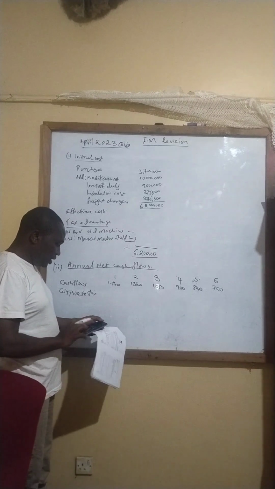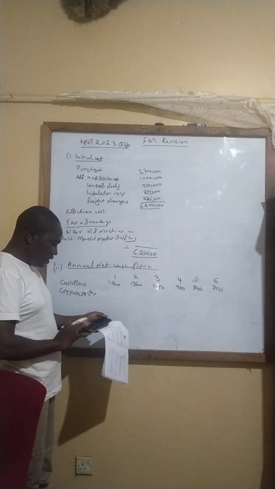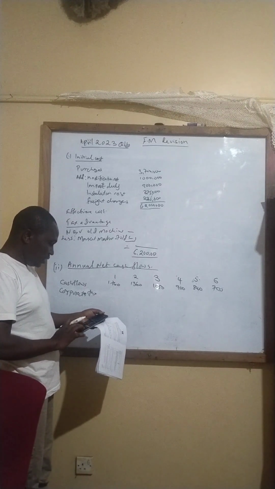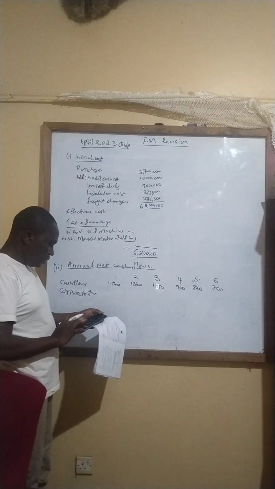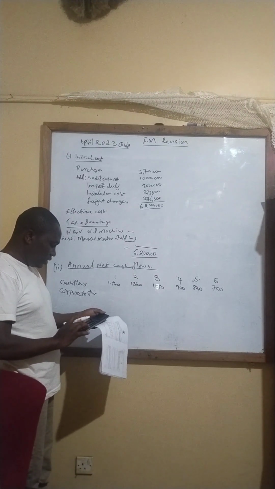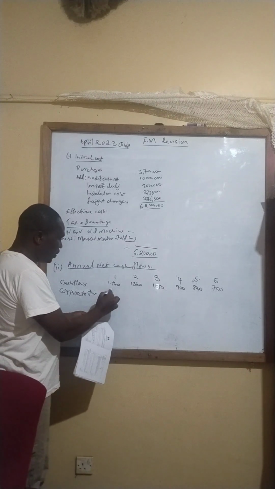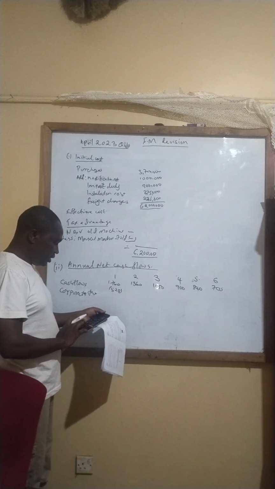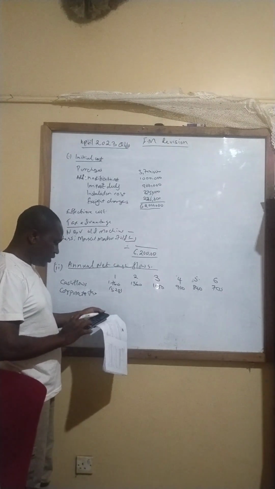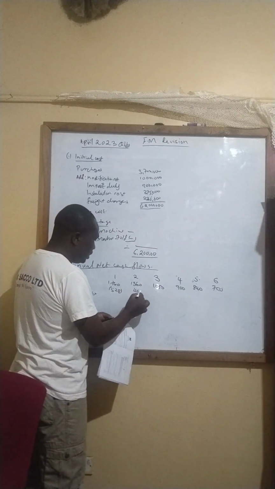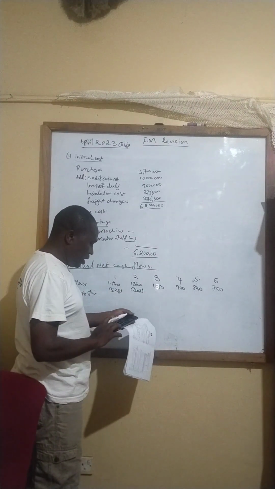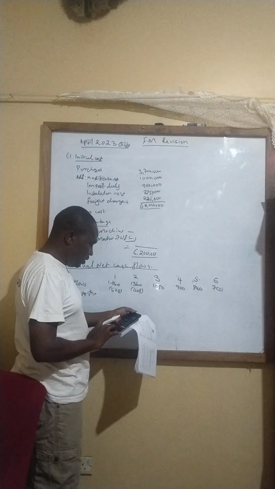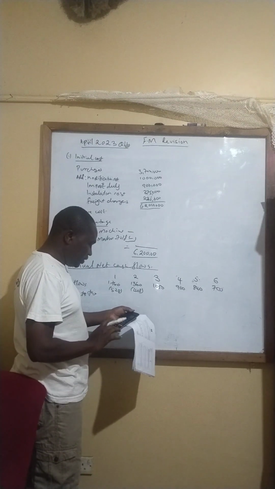So confirm that now. Tax: 1760 times 30%. I'm getting 528. 1360 times 30%, my answer is 408. Another one is 1050 times 30%.